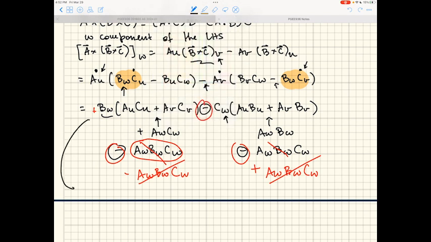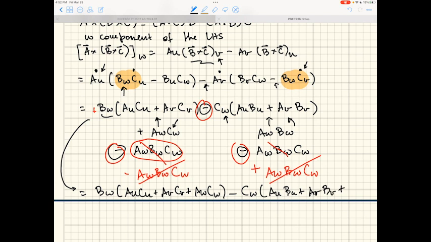Here we have BW, then I add this term here, we have a dot product, right? AU CU plus AV CV plus AW CW minus CW, we have a perfect dot product again here, AU BU plus AV BV plus this term here, AW BW.